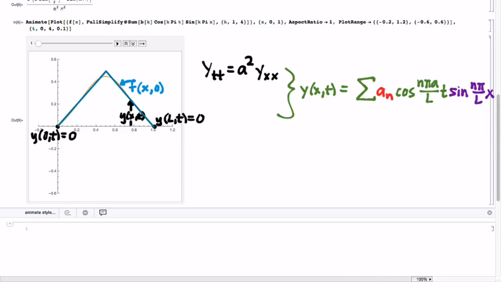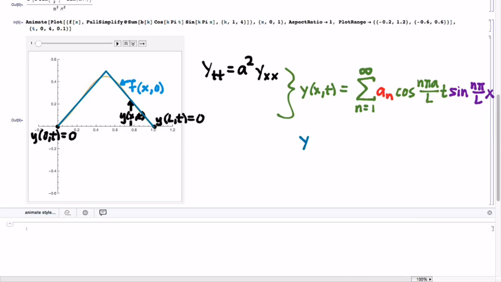And we'd like for this summation to include as many of these terms as it takes to exactly match our initial shape. But the problem with that is it's hard to do. We do, in general, need infinitely many of those terms to get the match that we're looking for.